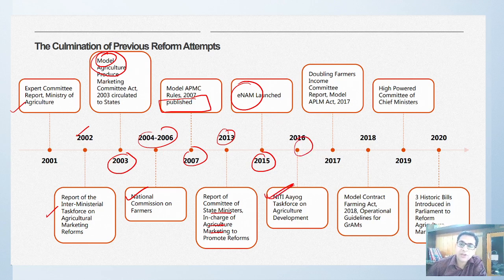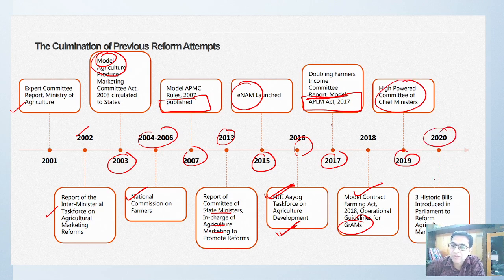2016, the Niti Aayog Task Force on Agriculture Development was formed. 2017, the committee report on doubling farmers' income, the APLM Act. Okay, the recently reformed APMC Act has been formed. Then 2018, the Model Contract Farming Act, and operational guidelines for Grameen agricultural markets. Then high-powered committees of chief ministers were called in 2019.